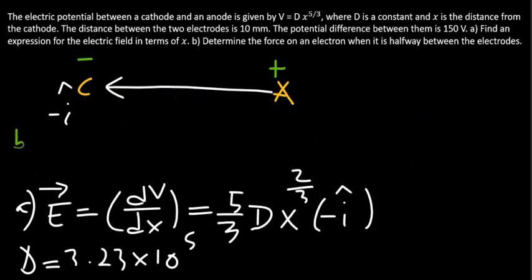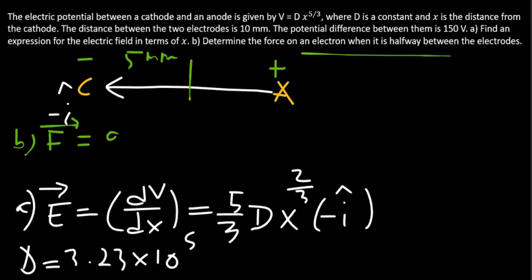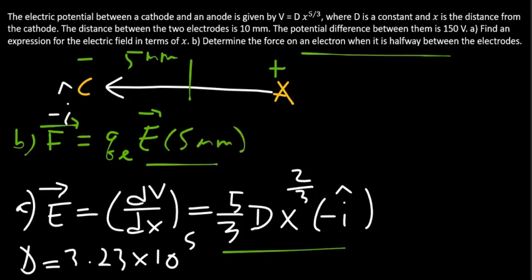Now let's do part B. Determine the force on an electron when it is halfway between the electrodes. That means it is at a distance of 5 millimeters from the cathode. So the force, which itself is a vector, equals the charge of the electron times the electric field at that distance, 5 millimeters. This can be determined from this expression.